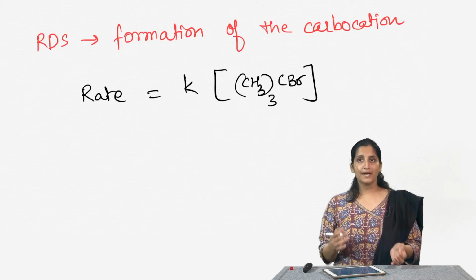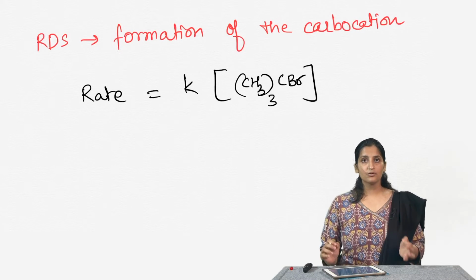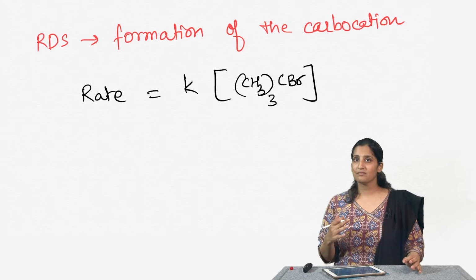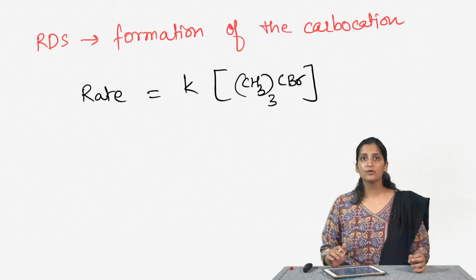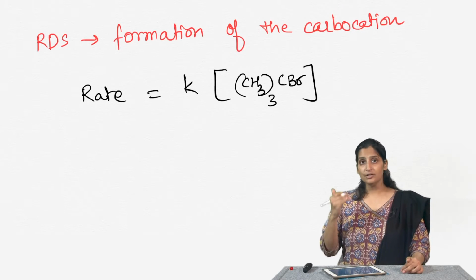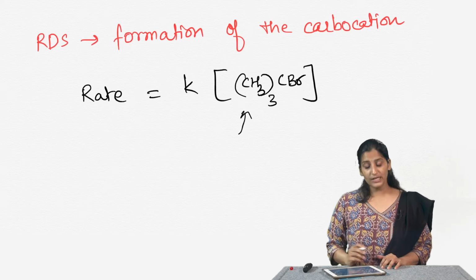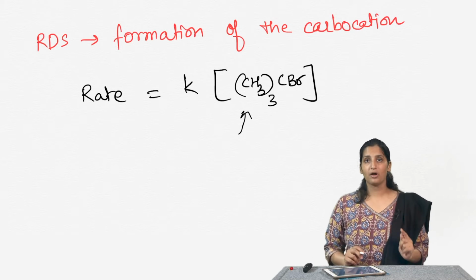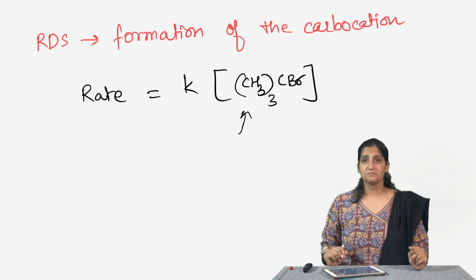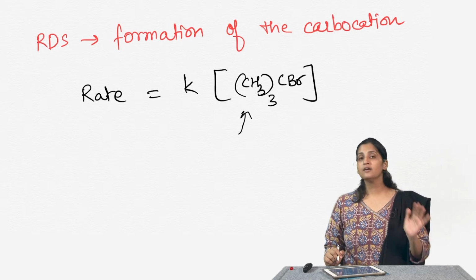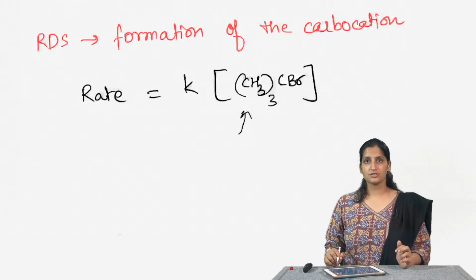Since the bond breaking between the carbon and the leaving group is almost completed before the bond forming of the nucleophile, this is a unimolecular reaction, meaning that the rate is only dependent on one type of molecule, which is your substrate. It is not dependent on the nucleophile's concentration.